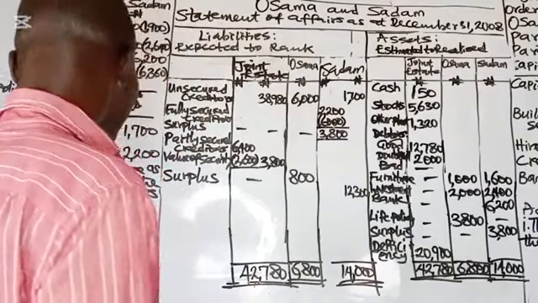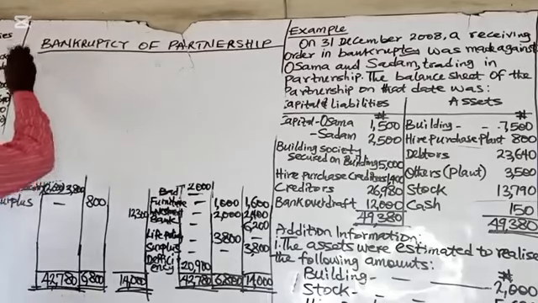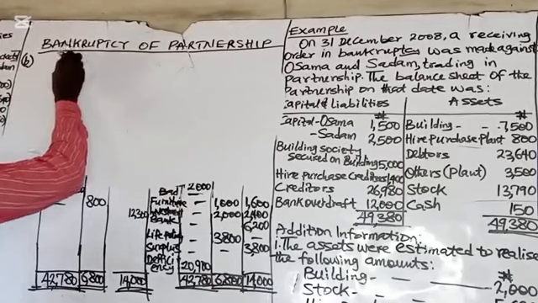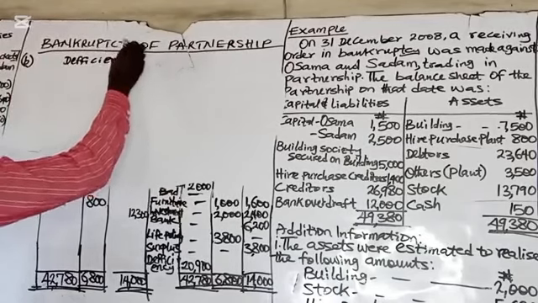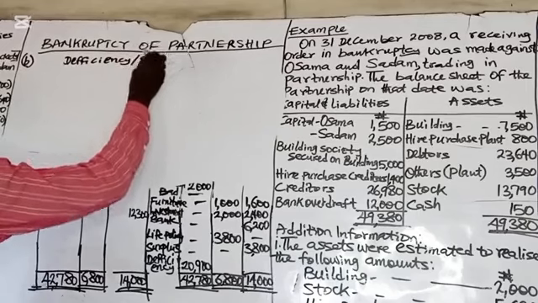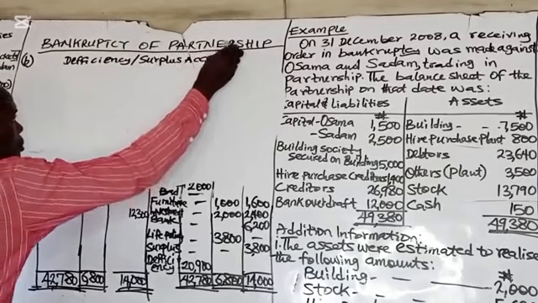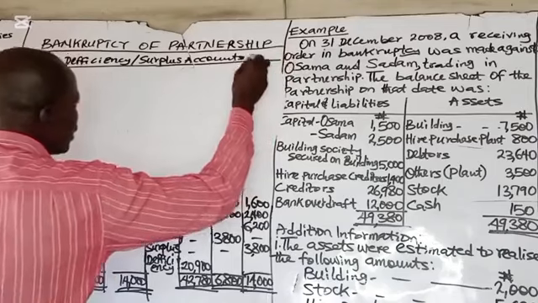The next requirement is to prepare the deficiency accounts. In the B part of the question, you want to prepare the deficiency or surplus account.